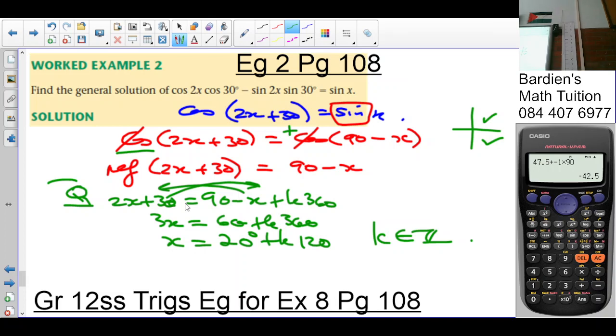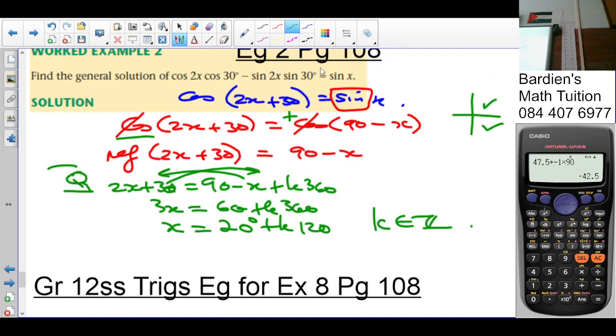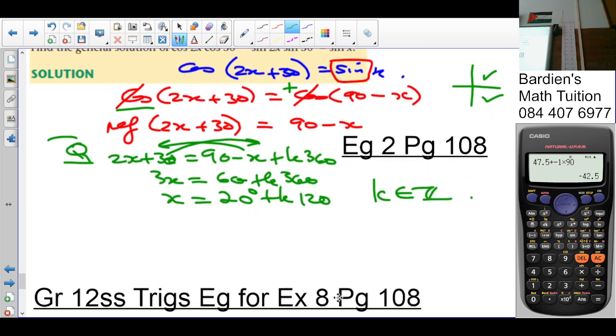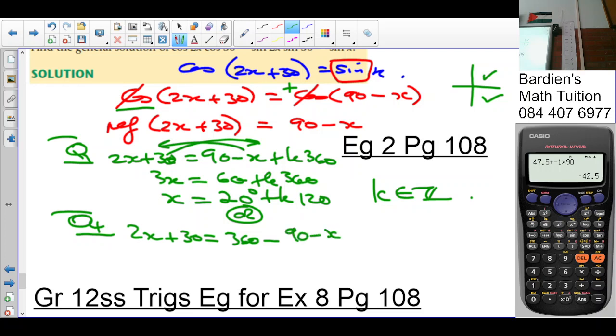Okay. So how do we get into quadrant 4? Quadrant 4. So it's 360 minus, so 2x plus 30 equals 360 minus 90 minus x plus k times 360.